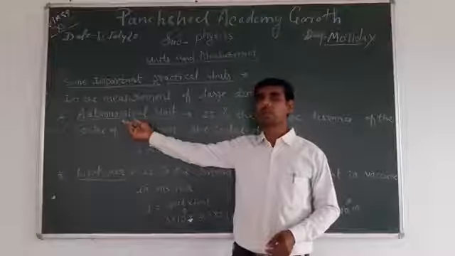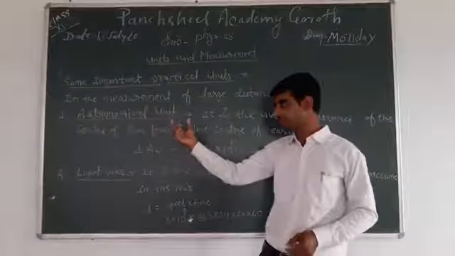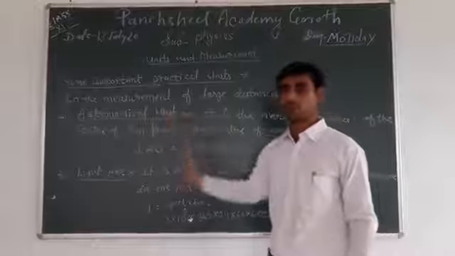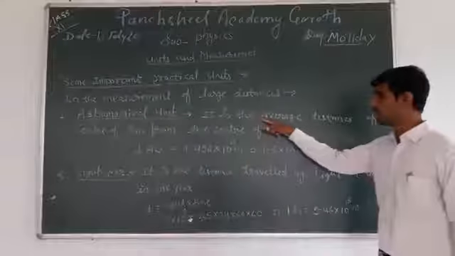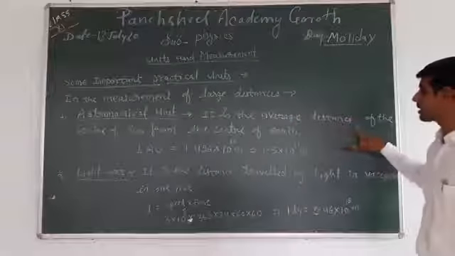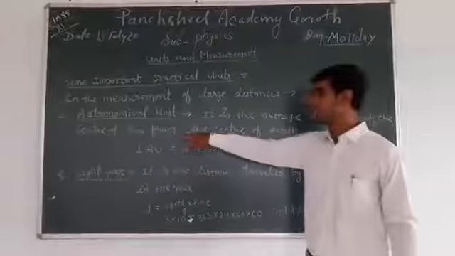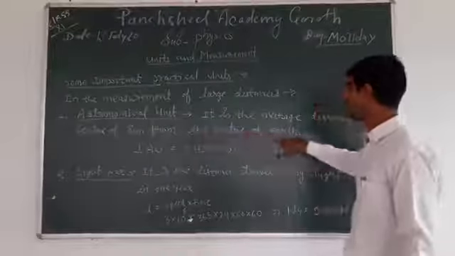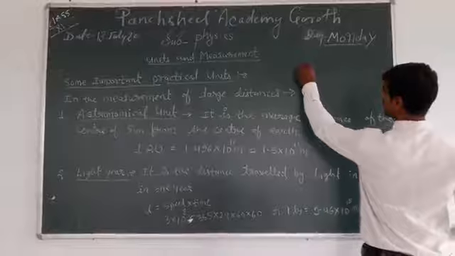First is the astronomical unit. What is the astronomical unit? It is the average distance of the center of the sun from the center of the earth. Suppose here is the sun located here.